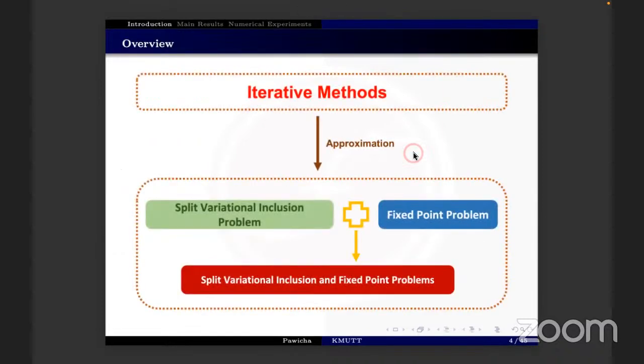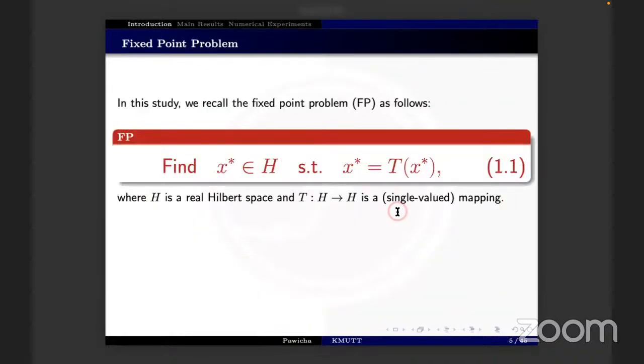In this study, I have studied iterative methods to approximate the solution of the split variational inclusion problem and the fixed point problem. Let me recall the first problem, the fixed point problem.